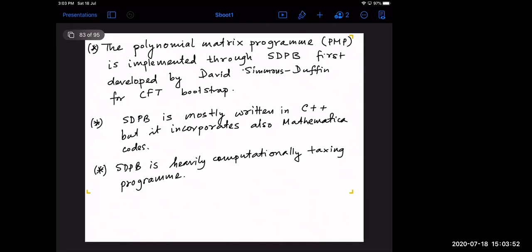Taxing program in the sense that, for example, in Peronis's paper Nmax was chosen to be 20, and for this kind of problem Nmax was also chosen to be 20, and for this kind of configuration they used around a 2400 CPU cores kind of system.